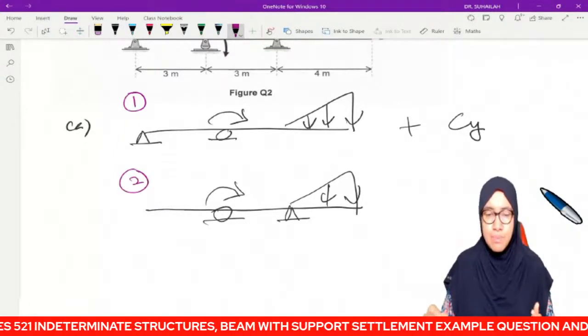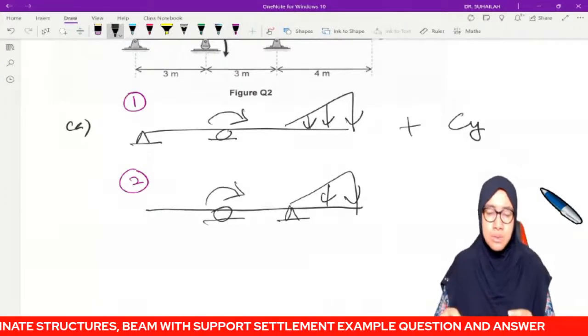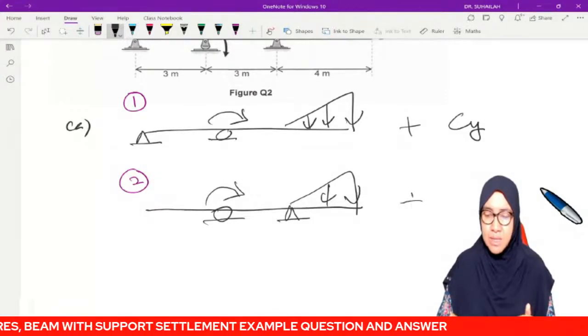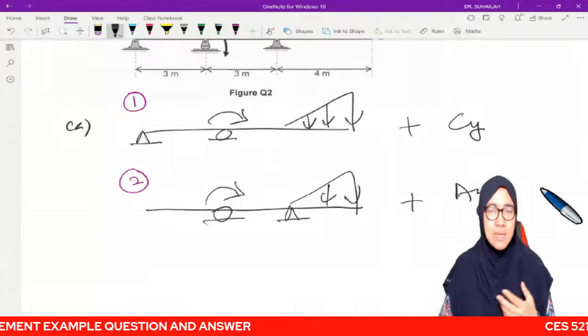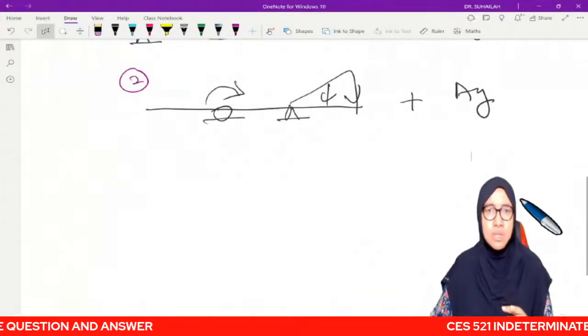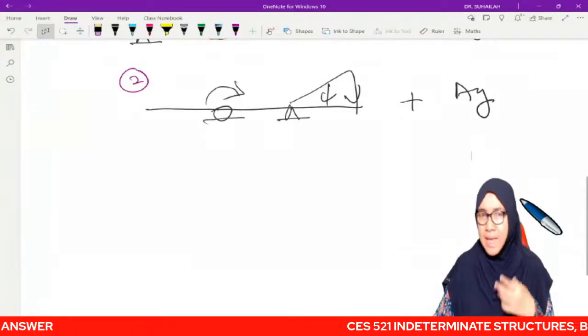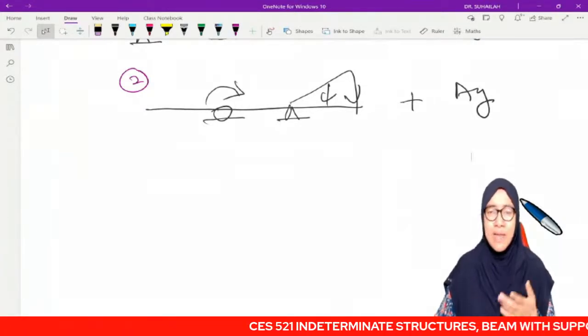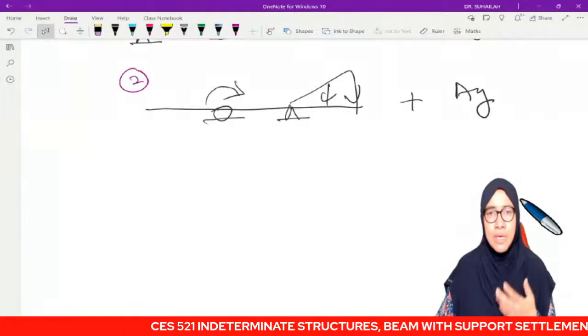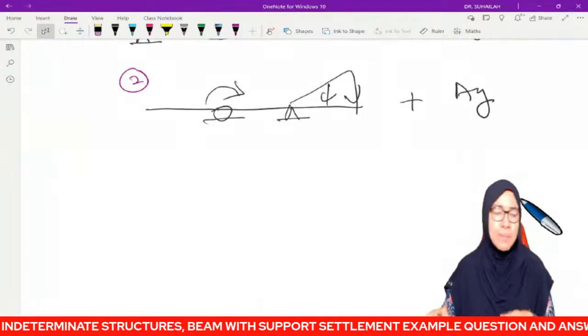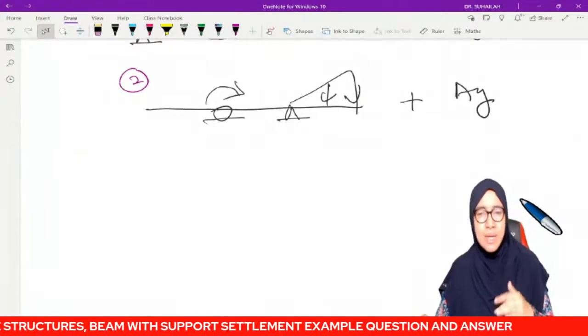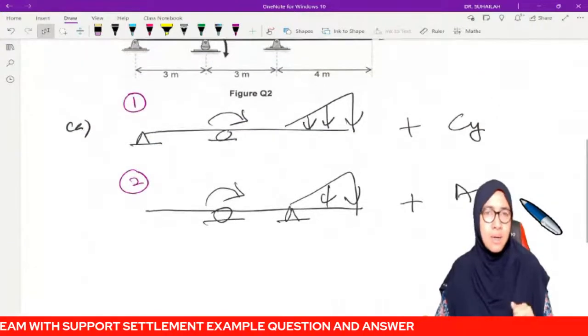Having this, we actually remove AY, because again AX we already know the value, and the value will be equal to 0. So we remove AY. So this is the answer for A.